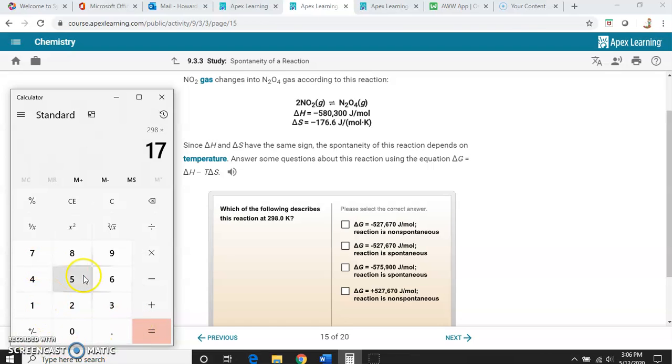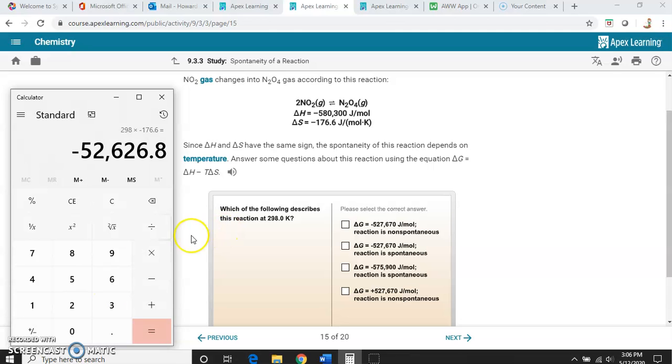Negative 76.6. Okay, so we get that number. And then we have to subtract. So we take that number, 52,626.8.